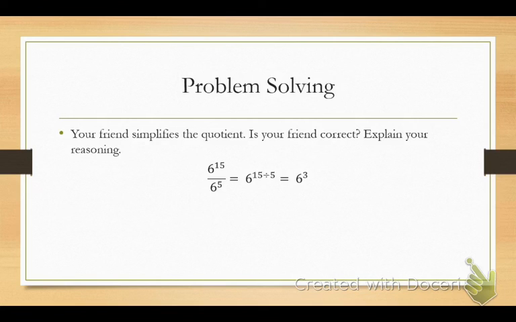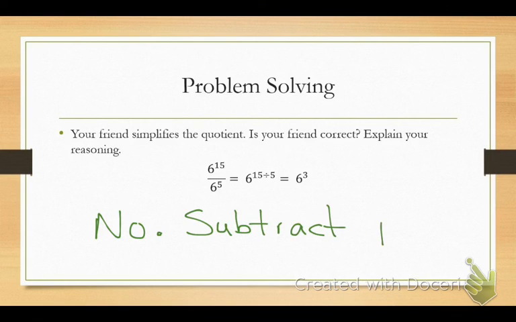What do you guys think? Is your friend right? No, your friend is wrong. What did they do wrong? They should subtract powers, not divide. I am dividing. So quotient of powers says you subtract them.